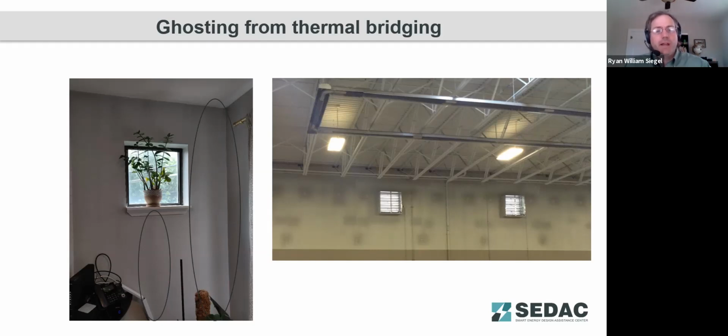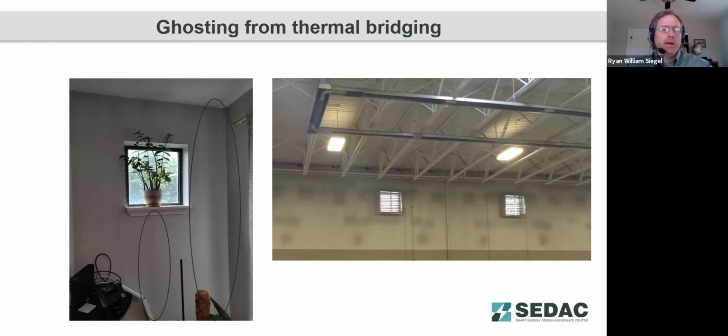On the right hand side, this is a precast building, and you can see all the dark squares from the various lifting points where you have a structural bridge between the inside and the outside of the panel. So even though these are insulated concrete panels, there is thermal bridging wherever there are anchor points.